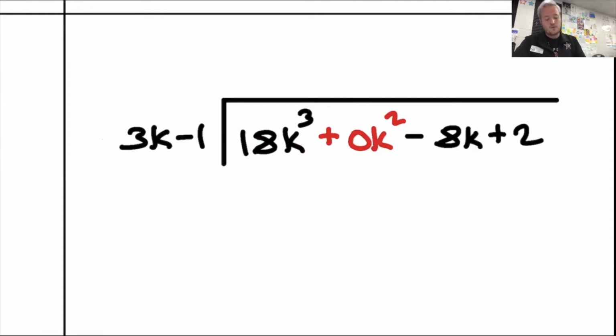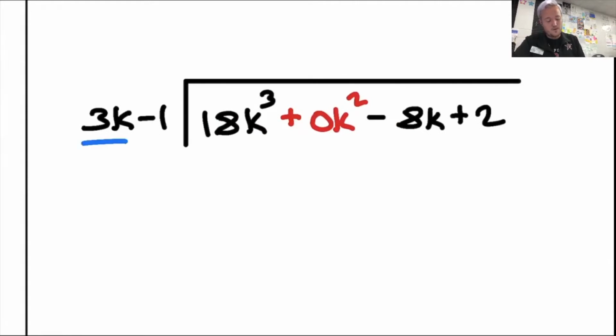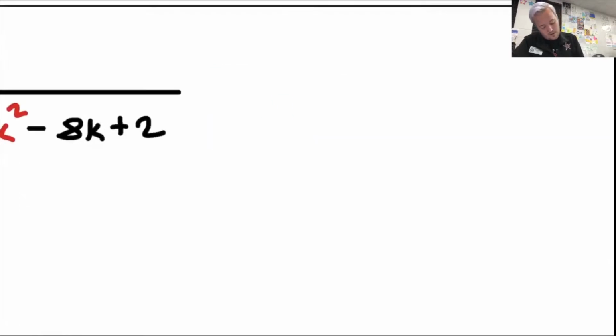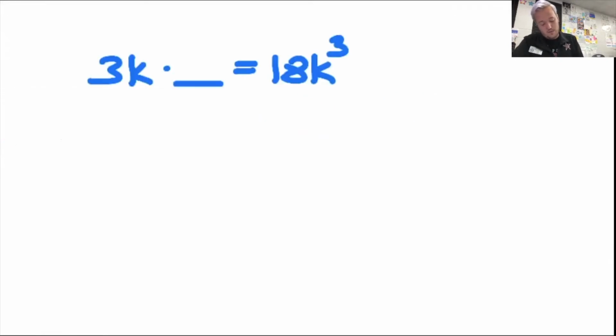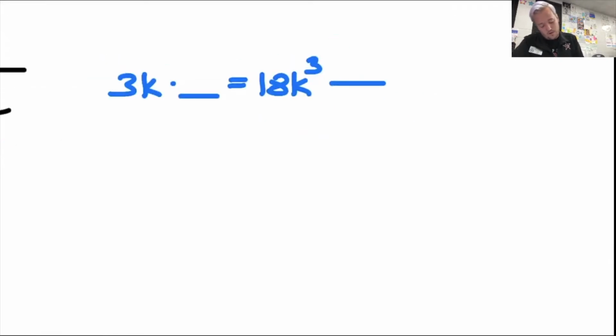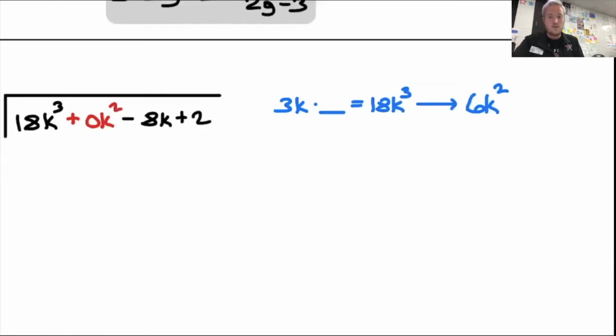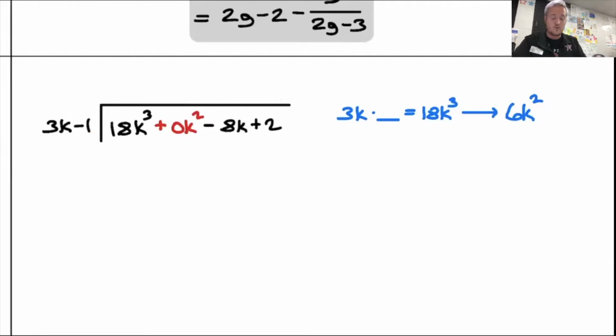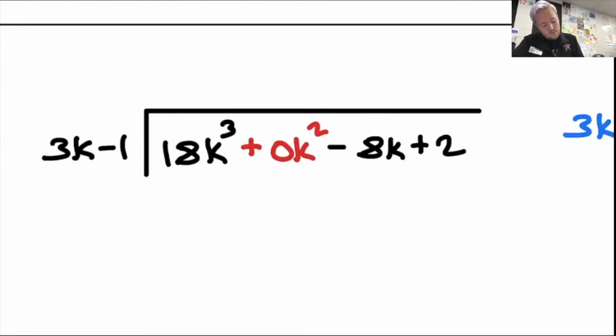All right, so same idea. 3k times what gives you 18k cubed? I'm going to write it off to the side. What that's going to be is 6k squared. So that 6k squared is what I'm going to write across the top to start the quotient.